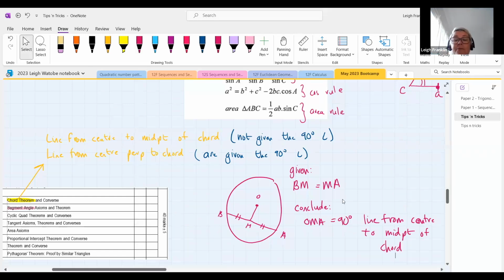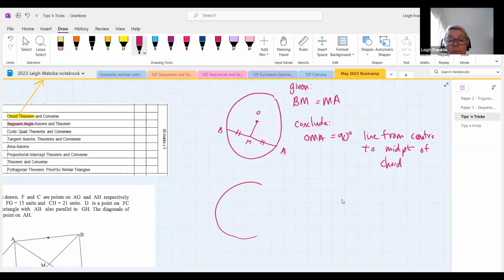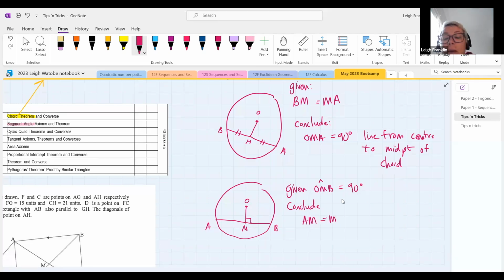Okay, if you are given a circle and a chord, line from the center, and that's O, that's M, that's A, that's B. Here you are given the 90 degrees. So if you are given that OMB or OMA equals 90, then you would conclude that AM equals MB.